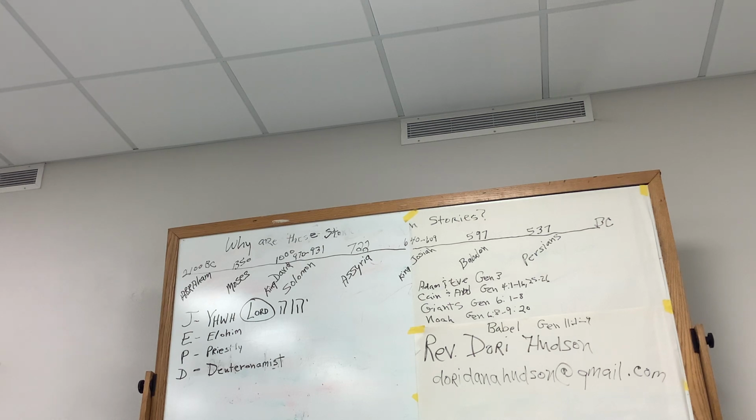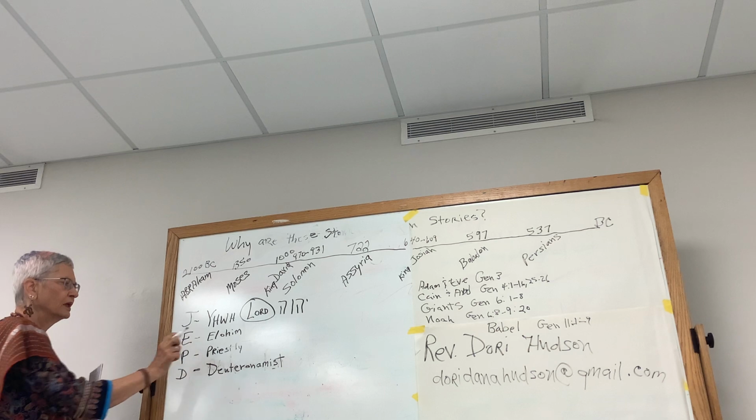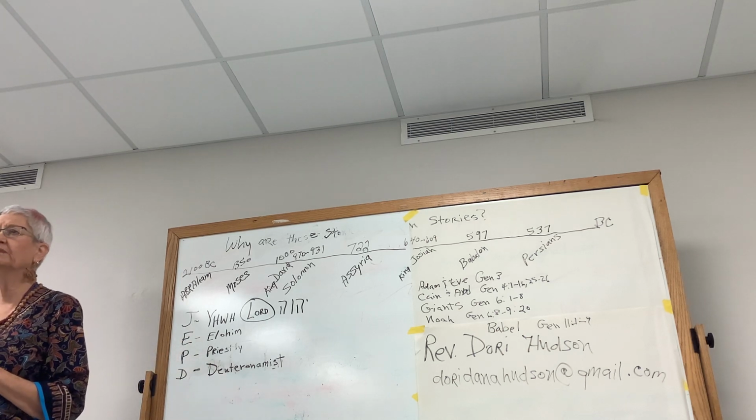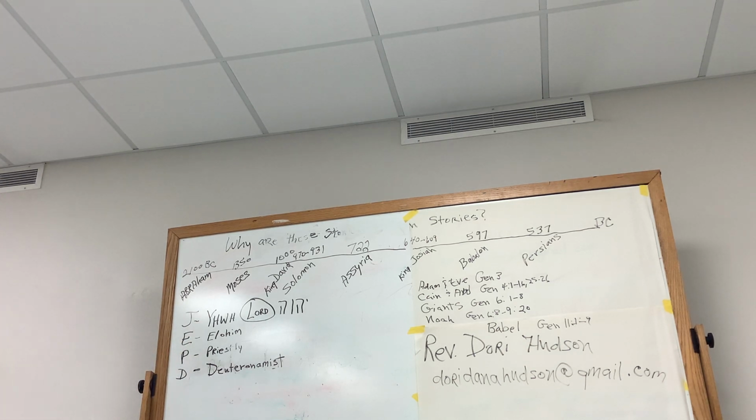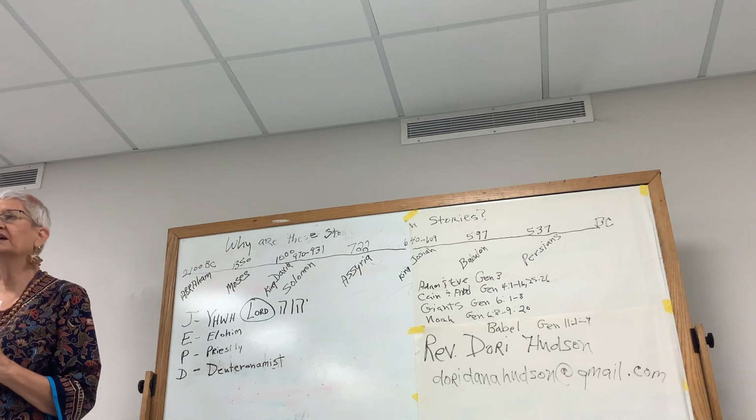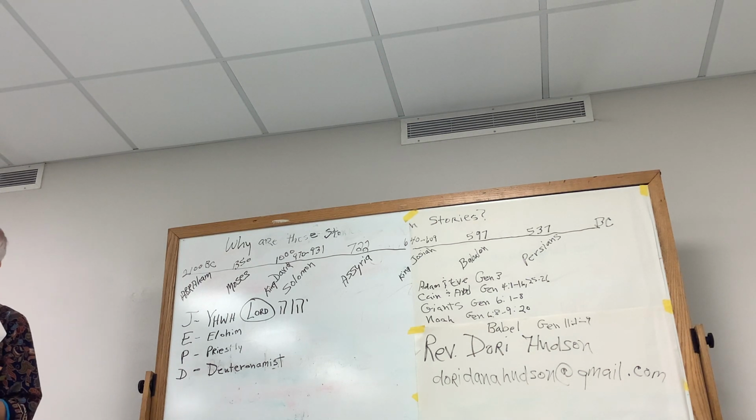Very different ideas. Now, some people think that the Elohim documents were never actually written down, that they remained oral history. I think it was probably written at some point.